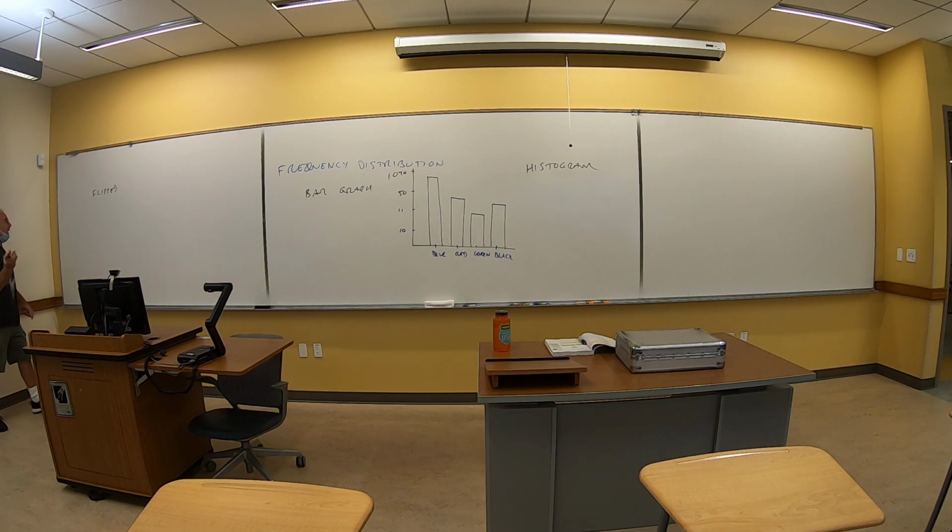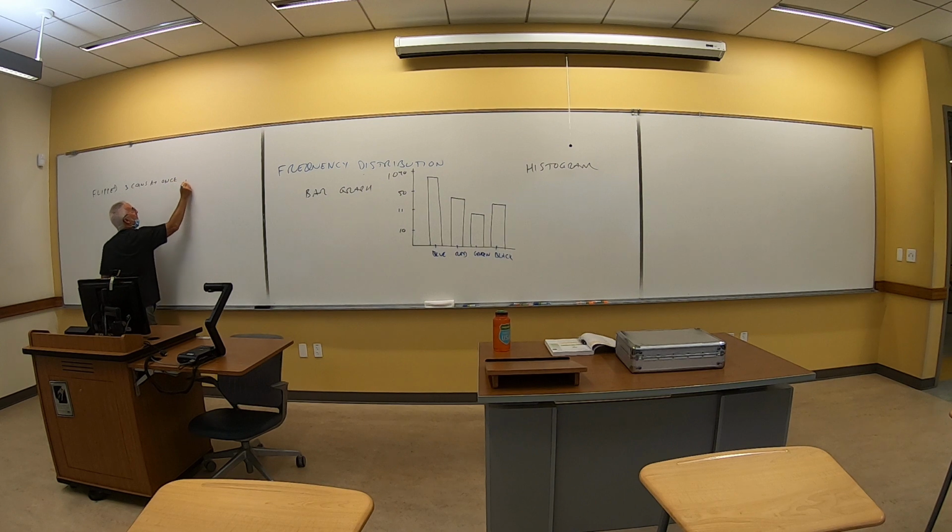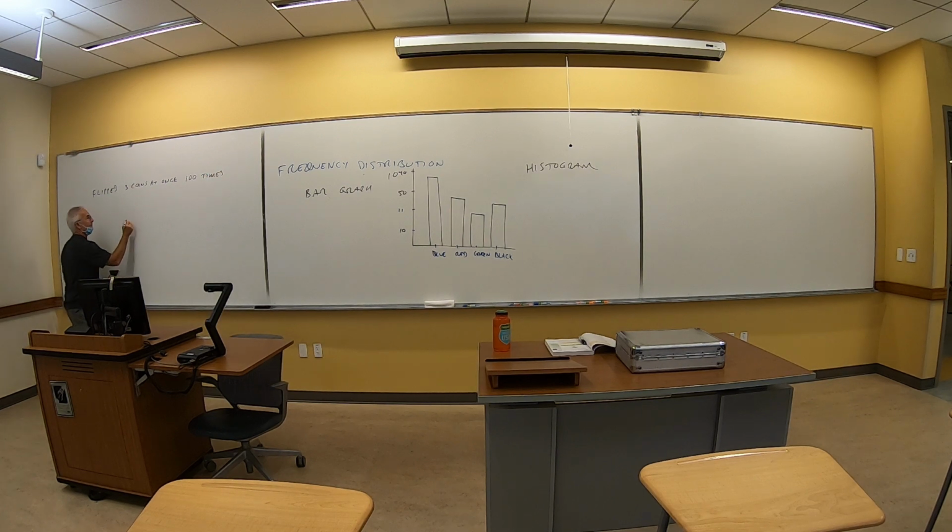I flipped 3 coins at once. I believe I did 100 times. And so here's what I did. I did 3 coins once, and I counted the number of tails.